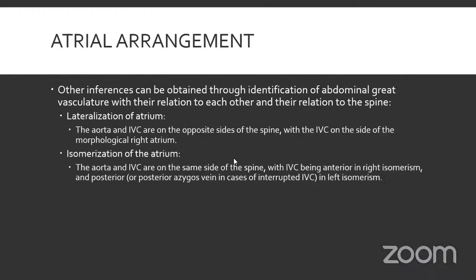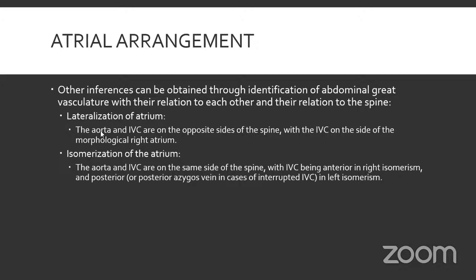Now, other inferences can be obtained. It's not only the thoracic organs. Also, you can get a hint of the arrangement of the atrium using the abdominal great vasculature, namely the aorta and the IVC, and their relation to the spine.